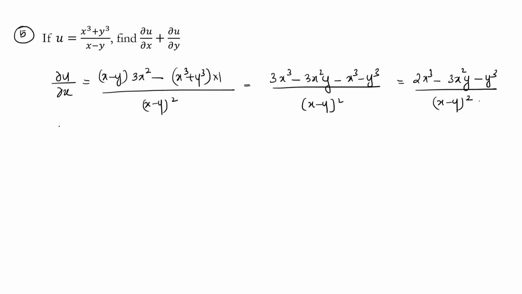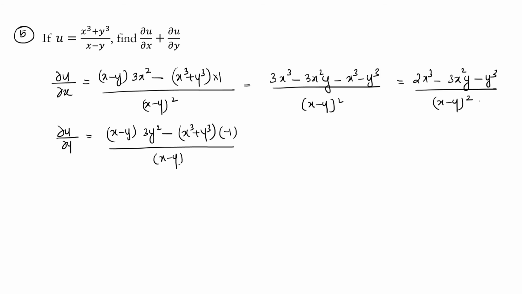Now dou u by dou y is equal to, again using the quotient rule, x minus y into 3y square minus x cube plus y cube into the derivative of x minus y, which is minus 1, divided by x minus y the whole square.